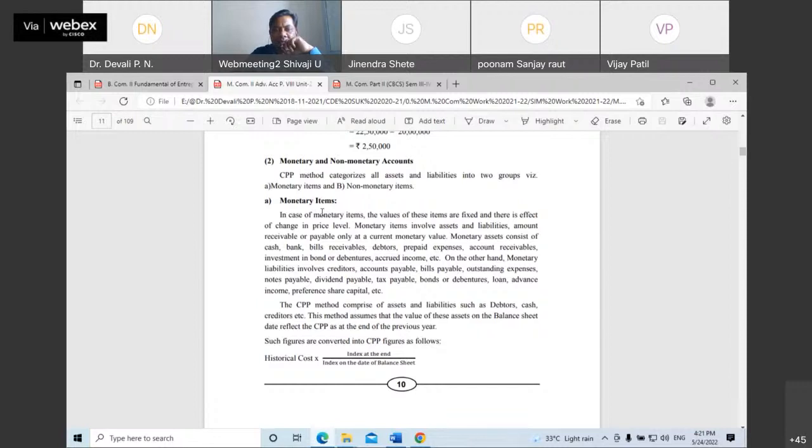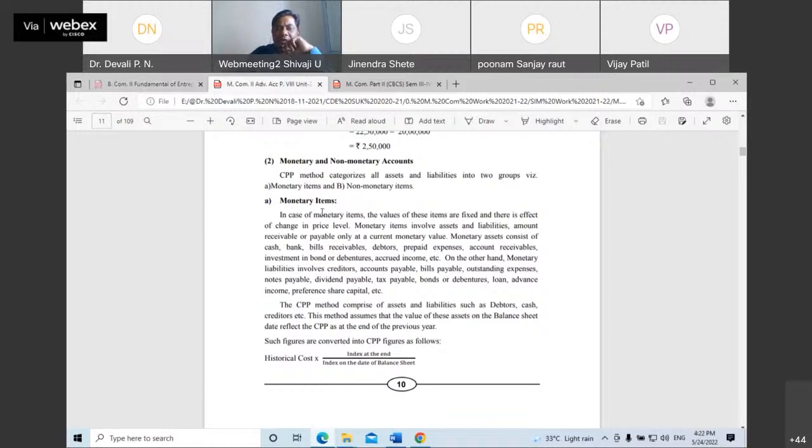It consists of cash, bank, bills receivable, debtors, prepaid expenses, accounts receivable, investment in bonds or debentures, accrued income. These are the assets that we get in monetary items.